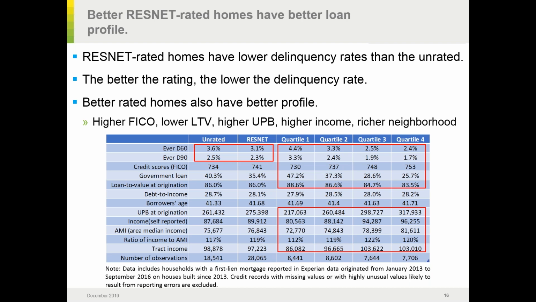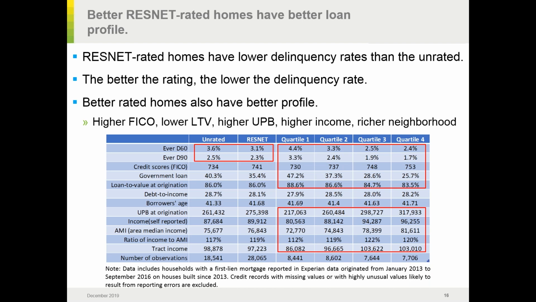Let's start with the RESNET rated homes. I'm going to walk you through this table to demonstrate that RESNET rated homes tend to have better loan profiles, in addition to what may appear to be a lower delinquency rate. In the second row, we provide the delinquency rates of whether the loan has gone 60 days or 90 days delinquent at any point in time that we're able to observe.